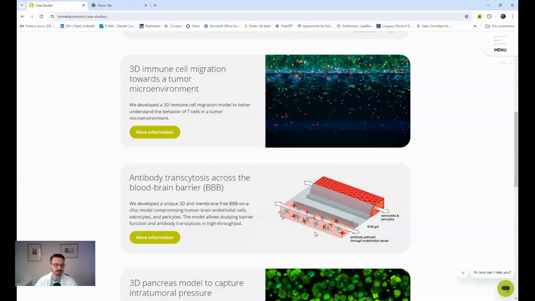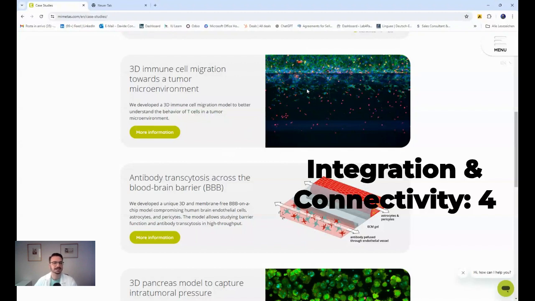So it's not as optimal as another system where you would maybe already have sensors integrated, but definitely you have the possibility of having a really good interaction between the cells, and also studying it in a way, especially angiogenesis, that you would not be able to do with other models. So in this case, we will give it a 4.